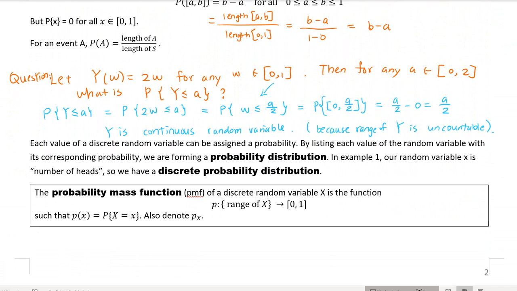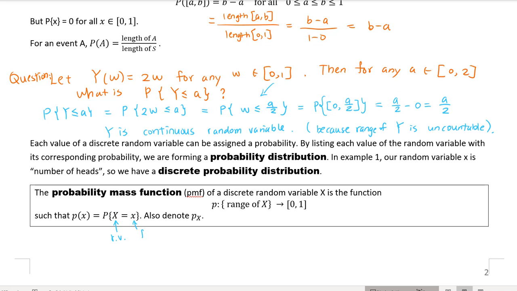Definition: the probability mass function (PMF) of a discrete random variable X is the function p from the range of X to the interval [0, 1], such that p(x) is the probability that X equals x. So here we have p(x). This capital X is a random variable.